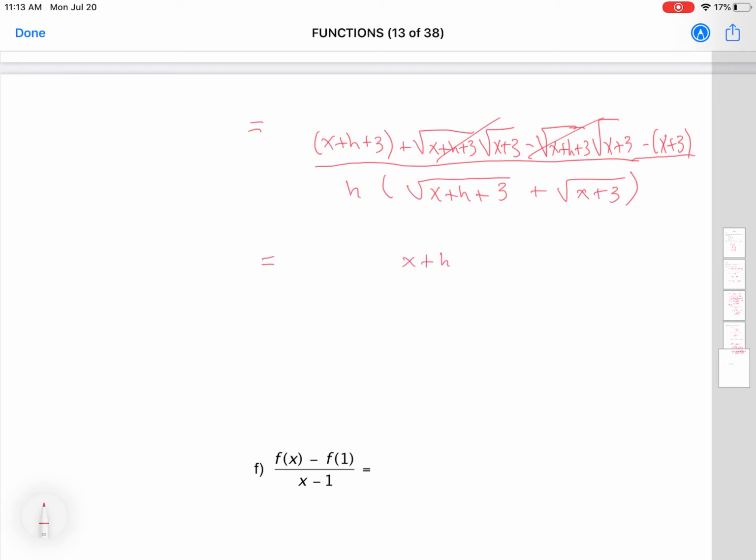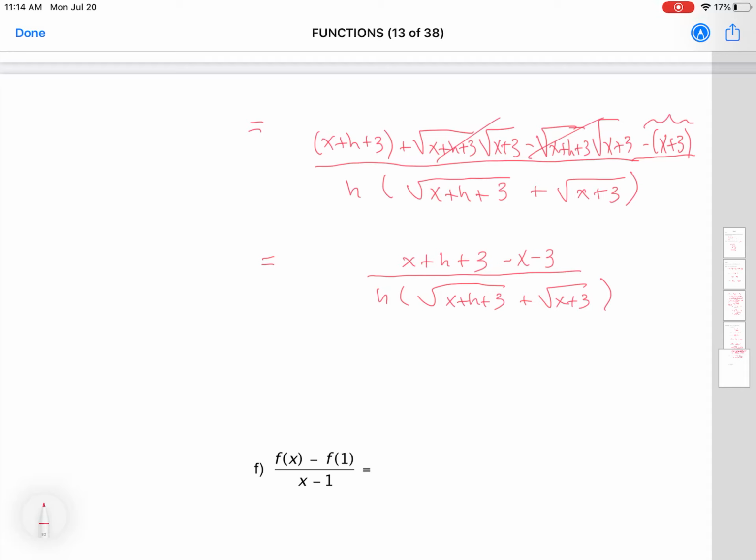My middle terms are gone, so I am left with x plus h plus 3. And bringing in the negative inside this bracket, I find minus x minus 3 all over this guy. No change in the denominator.